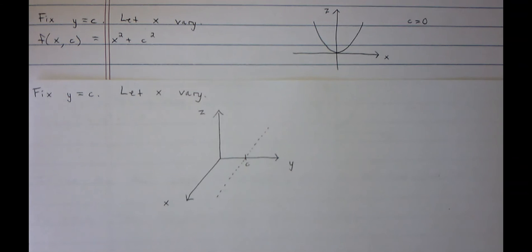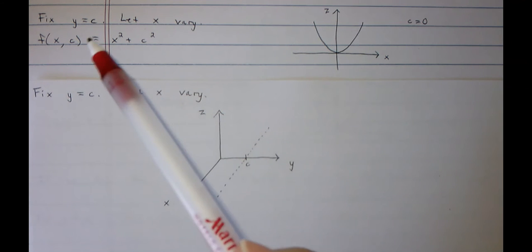I've indicated this in the second drawing here. Notice we're fixing y equal to c. So here's our constant c that we're fixing y to be, and we're letting x vary. So notice we're running parallel to the x-axis here.